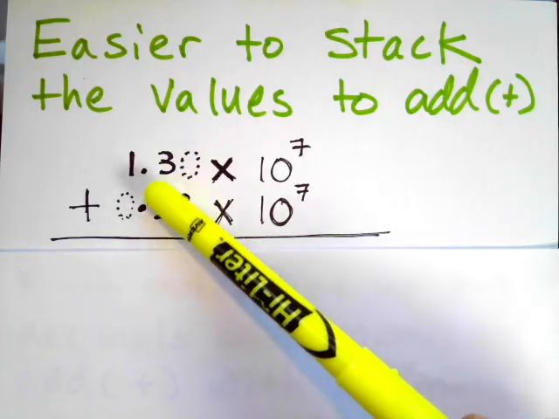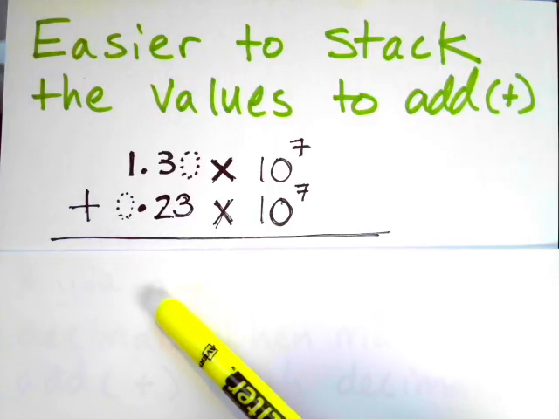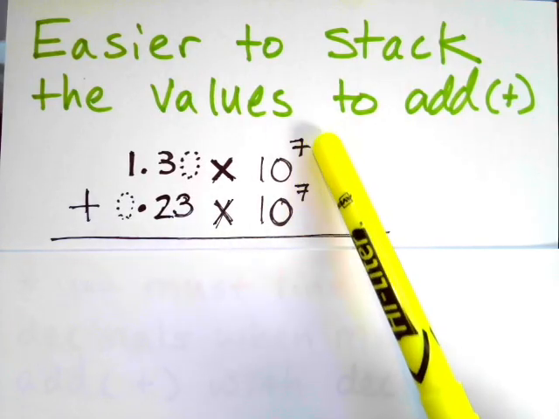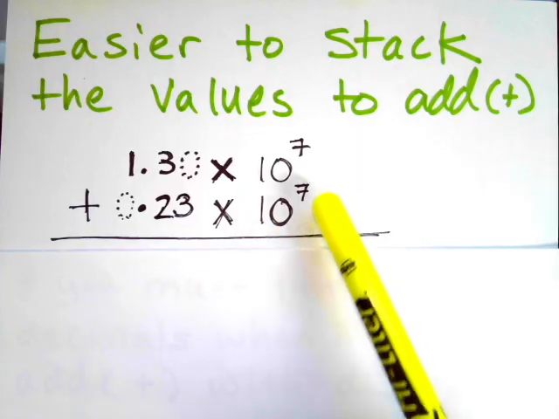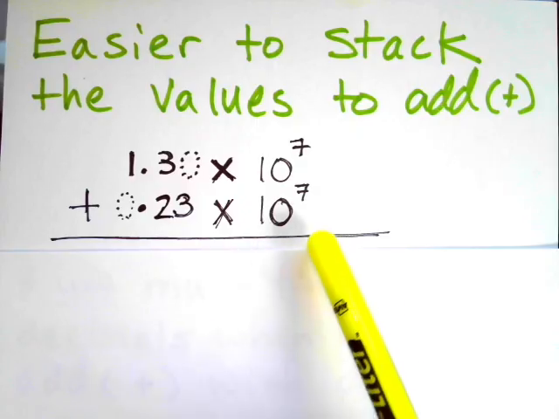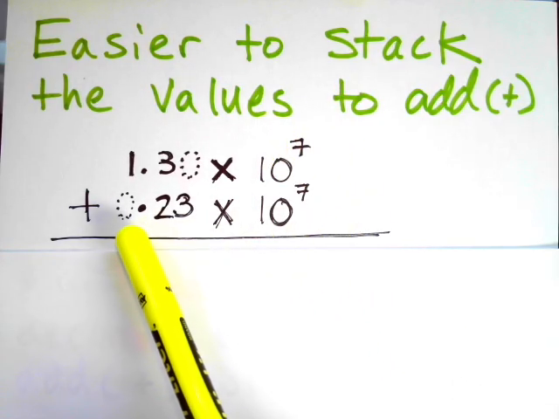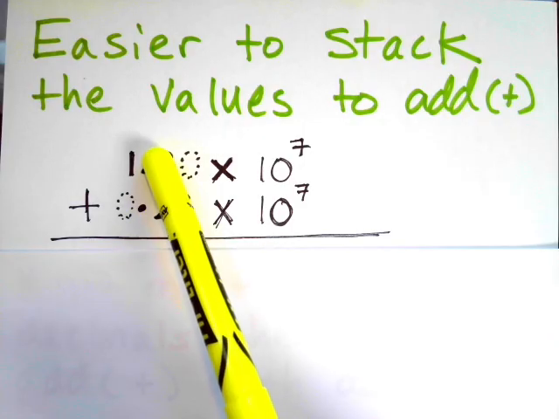We line up the decimals when we add or subtract decimals. Now, 10 to the 7th power is going to stay 10 to the 7th power in scientific notation when we add or subtract. So again, we line up the decimals.